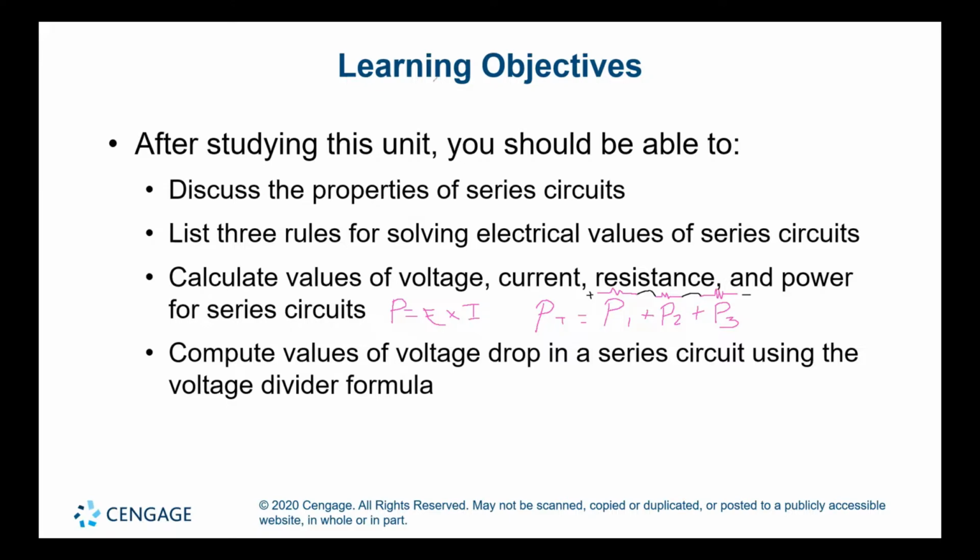If these resistors were connected, let's say, in parallel, and that's how parallel looks, in which they have a common point that they share on both the positive and the negative. Okay, that's parallel. And then if this is the positive and this is the negative, P1, P2, and P3, power still adds up.